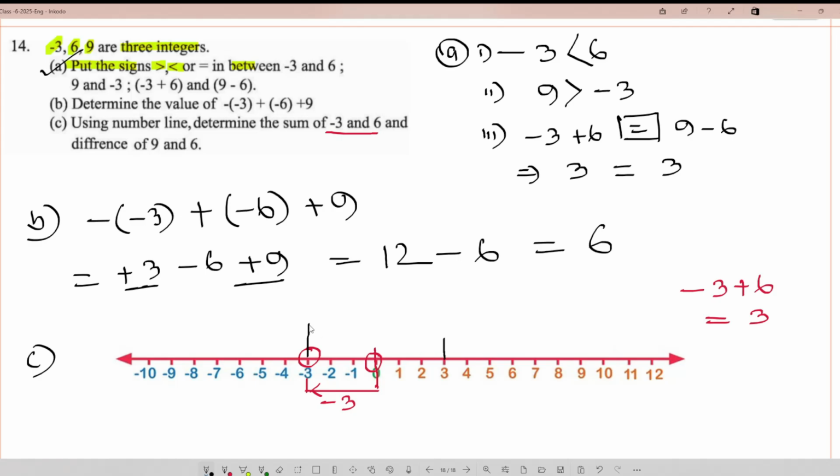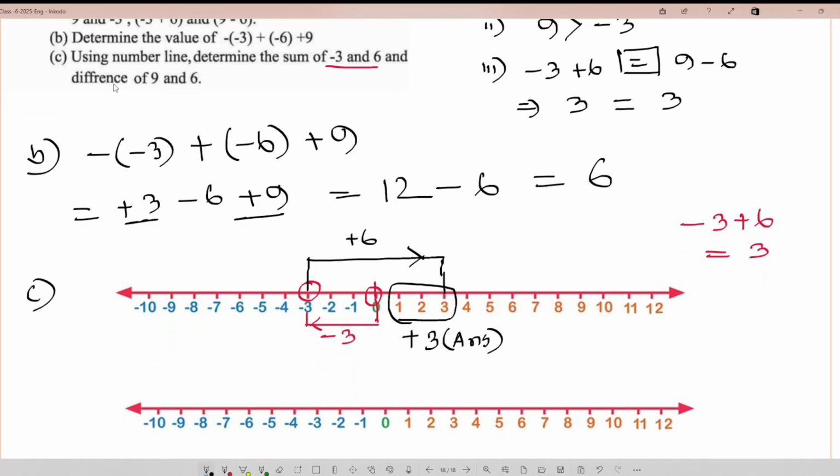Here it means, this is what? Plus 6. So what is the result? Result is this one. It means plus 3. This is our answer. Okay.